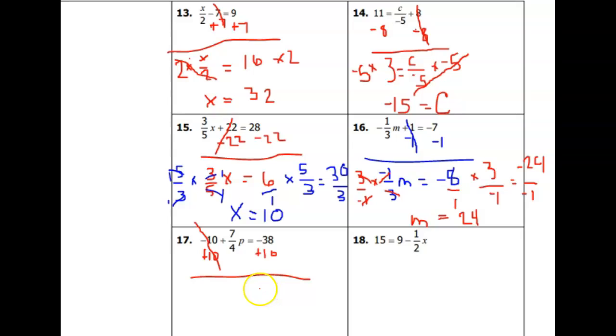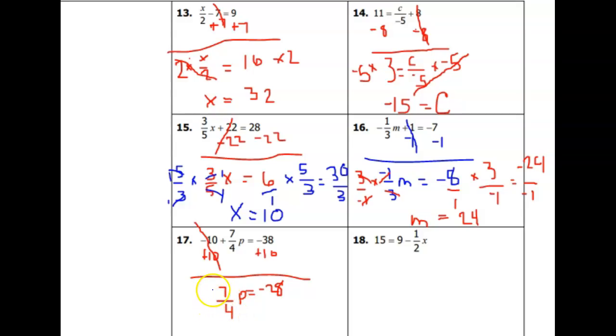All right? On the left side, it just works out where everything cancels when we multiply by the reciprocal. So I'm just left with p. And then on the right side, Miss Bennett's going to use her calculator, right? I got 28 over 1. So that means I got to take negative 28 times 4.